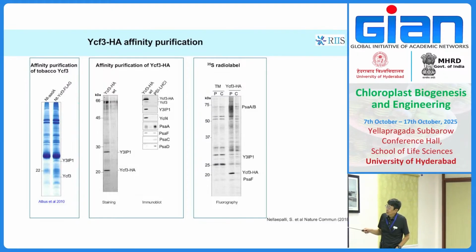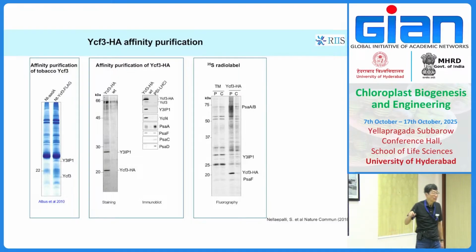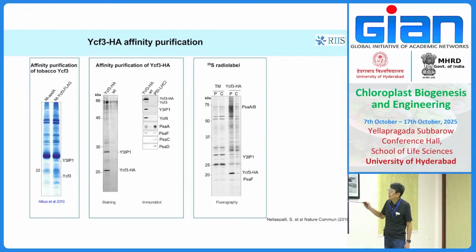Okay, so YCF3 HA tag here, PSAF was a little bit present. You can detect, okay? And also there are many diffuse bands, but YCF3, Y3IP1 was somewhere like here, according to the position. And some proteins are there.